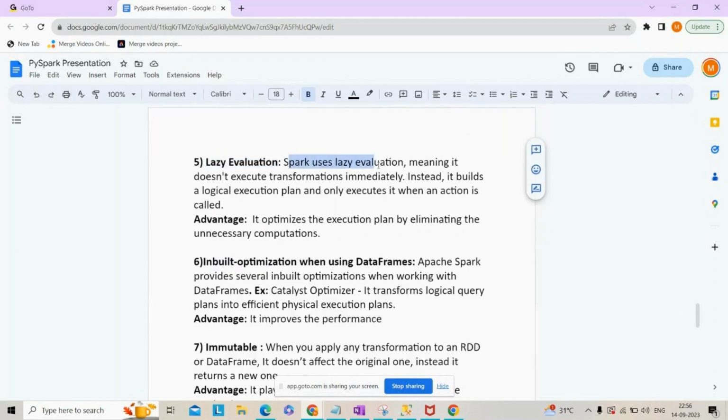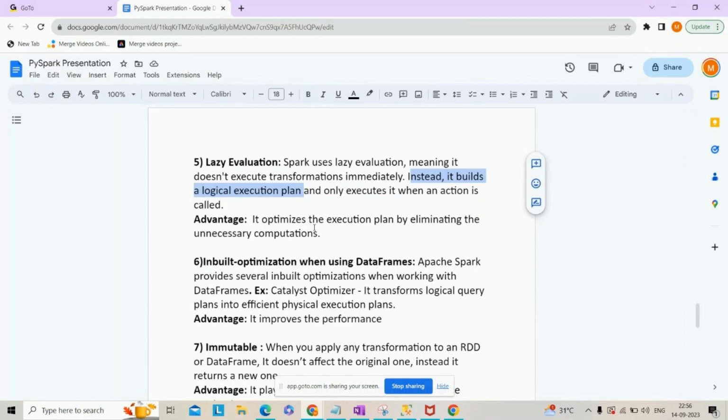The next feature, lazy evaluation. Spark uses lazy evaluation, meaning it doesn't execute transformations immediately. Whenever you apply transformation on an RDD or data frame, Spark doesn't execute immediately. Instead, it builds a logical execution plan.